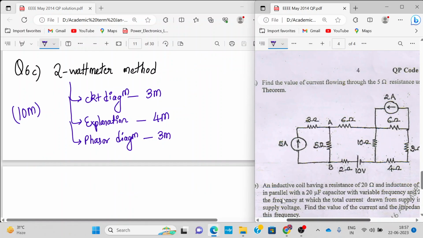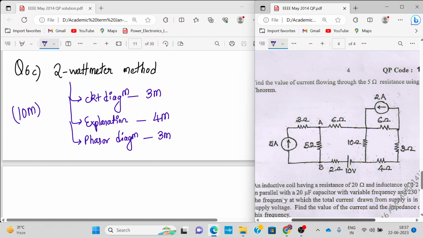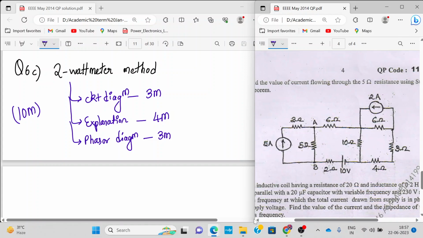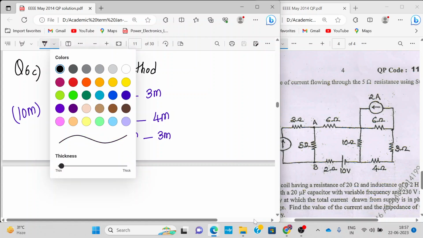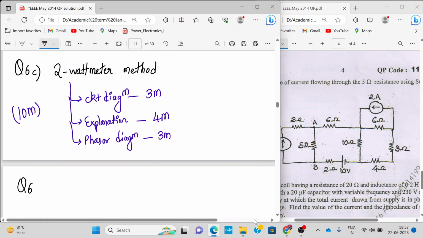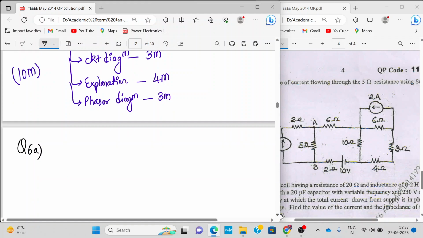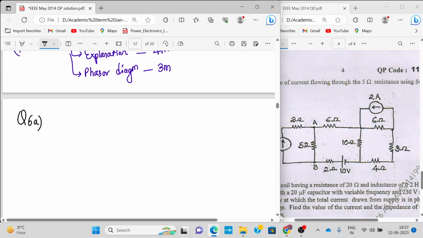Find the value of the current flowing through the 5 ohm resistance using the superposition theorem. 6A. The reason I'm not solving is that we have solved a similar one for the superposition theorem before also. So the concept should be clear to you now. Here there are three cases.